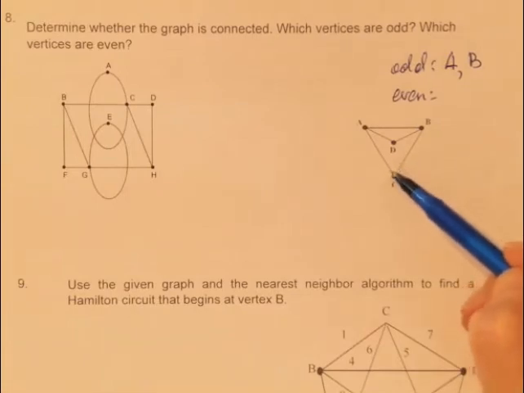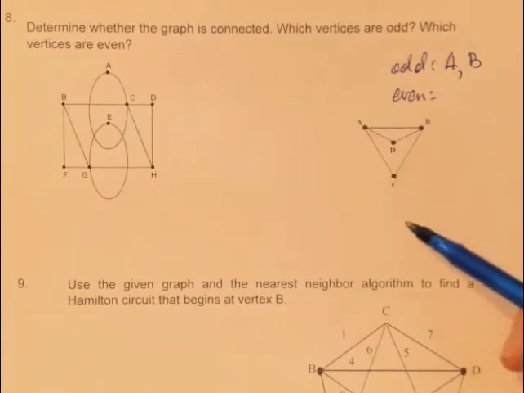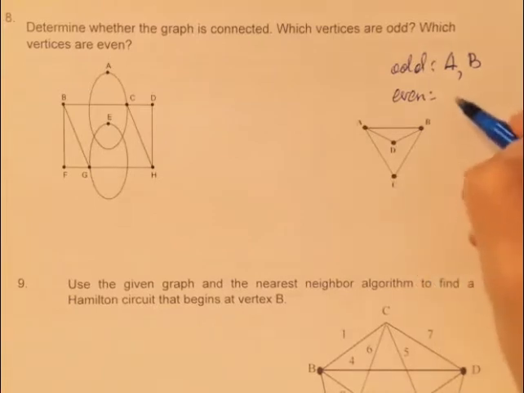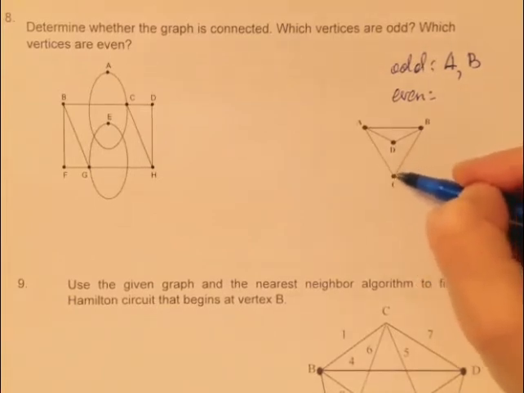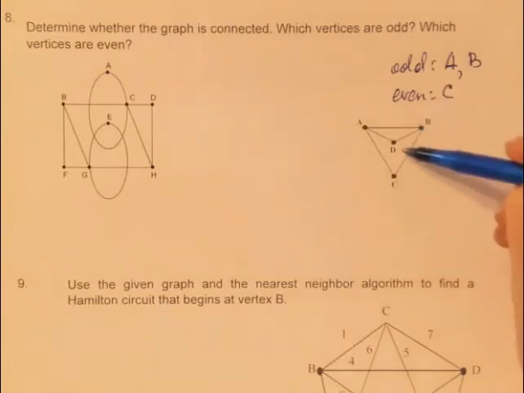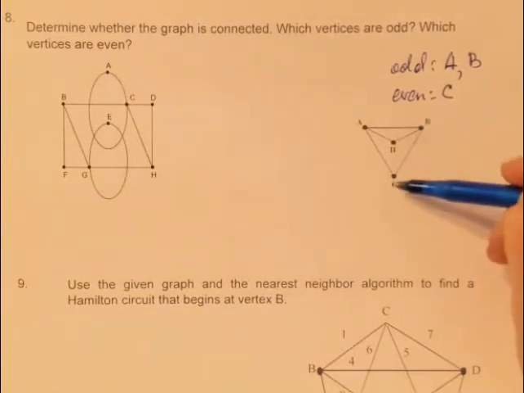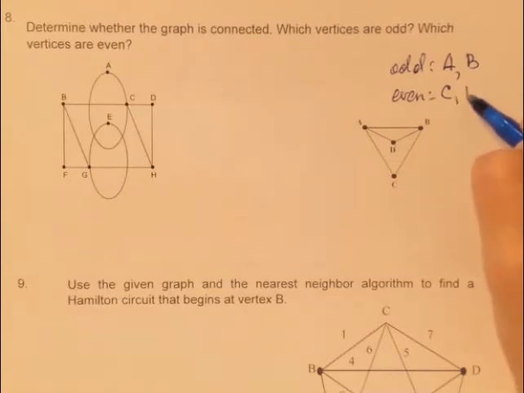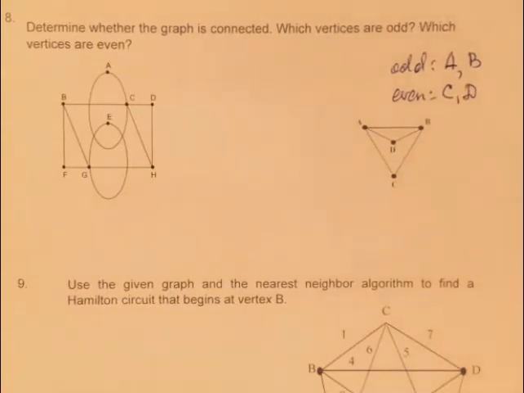C, 1, 2, 3 edges, so 2 edges end at the point C. 2 is an even number, so C is an even vertex. D, 2 lines, 2 edges, 2 is an even number, so D is an even vertex.